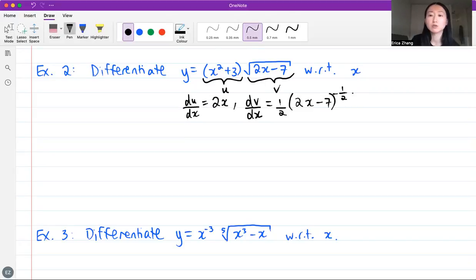And now by chain rule, multiply that by the derivative of the inside, which is just 2. And we can see that these two 2's cancel. And let's write this as 1 over square root of 2x minus 7.